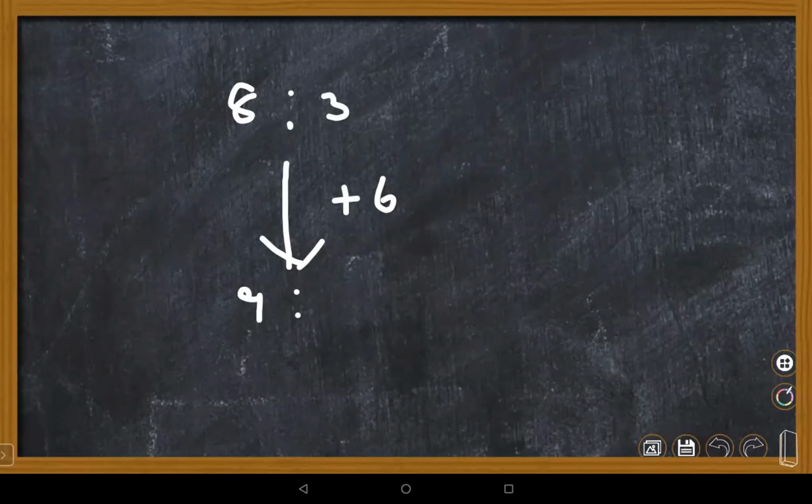Find their present ages. Very, very beautiful question. Actually, it's a very important question also, children.